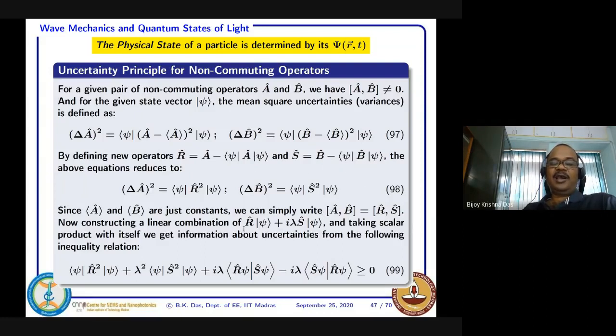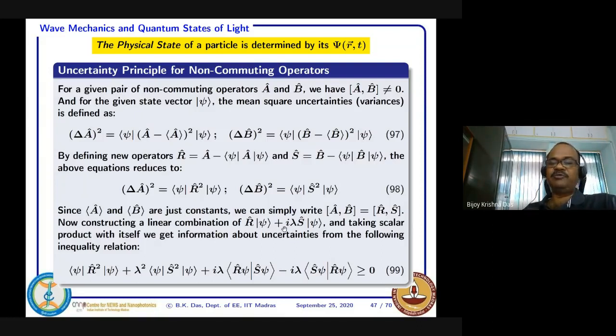Now we construct a linear combination of R and S like this. It is a kind of imposition here, because if we consider this, we can reach a certain solution. We take this expression and take a scalar product.